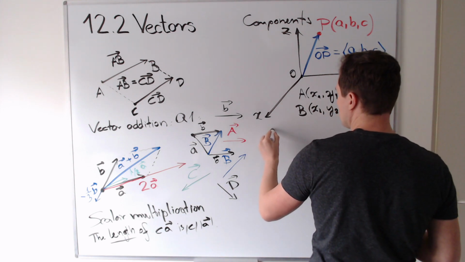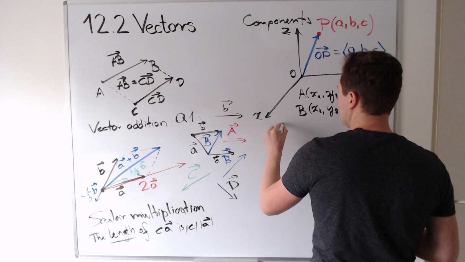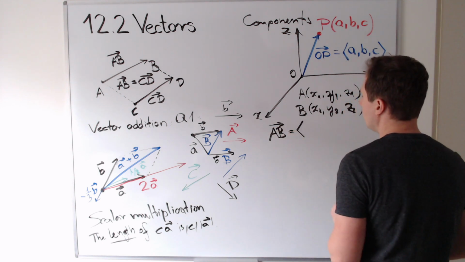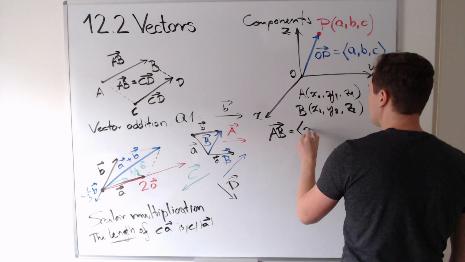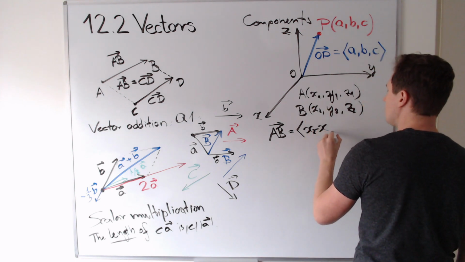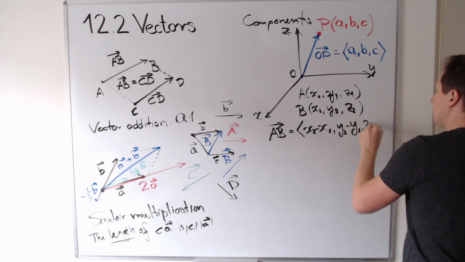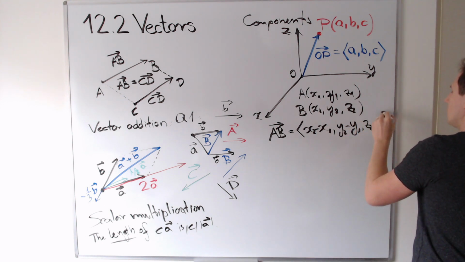Then the vector AB pointing from A to B will have components x2 minus x1, y2 minus y1, and z2 minus z1.